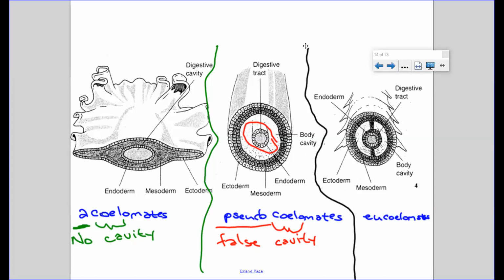Muscle, very good, Alex. So on this pseudocoelomate, this area right here is the muscle. This is the mesoderm, see where it's pointing right here? So it's got muscle along one side of it on the outside, but in the middle, it just has the pseudocoelom and it has a digestive tract.